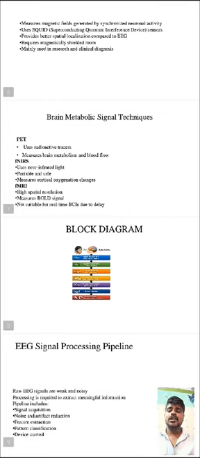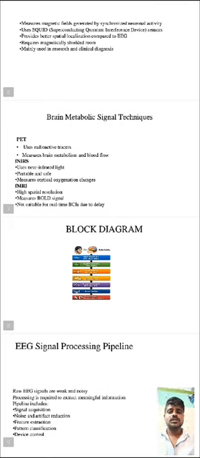Block diagram. The block diagram covers brain activity, signal activation through EEG, MEG, and fMRI. Signal processing uses a filter and amplifier for signal pre-processing. The next step is artifact removal, removing EMG noise or other unwanted signals from brain activity.